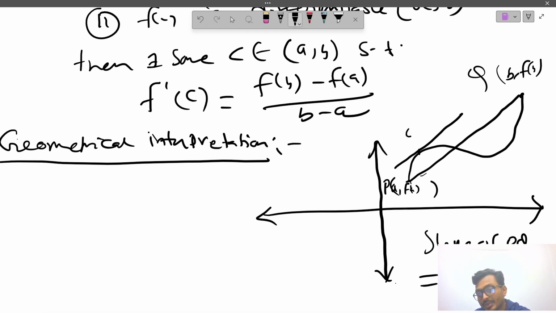Suppose this is c1, we can find another one here also. So this is also a c2 point, and this is also parallel to this line. So this is the geometrical interpretation of Lagrange's theorem.